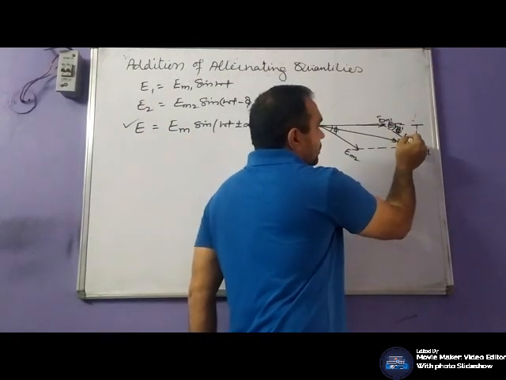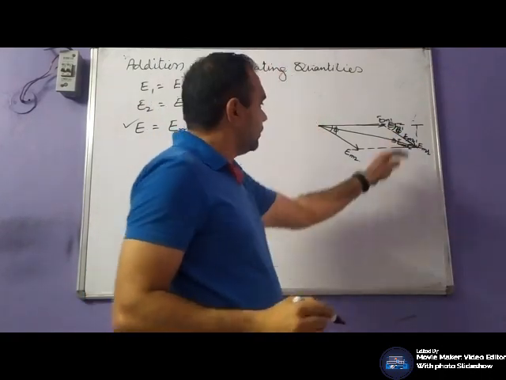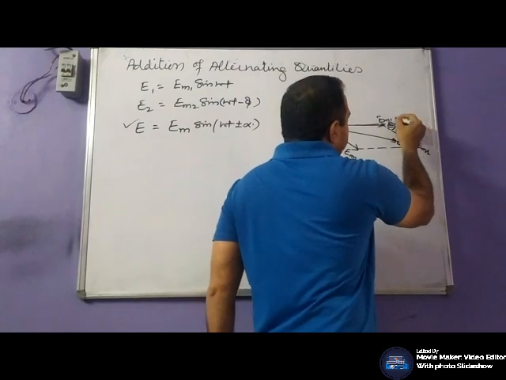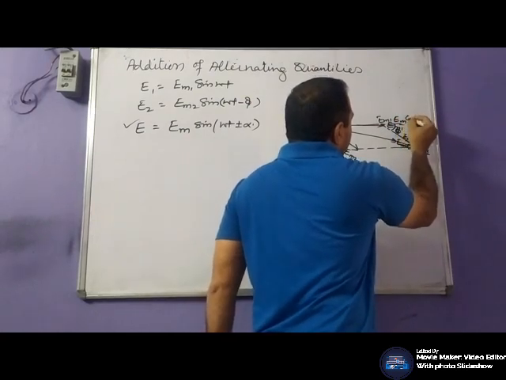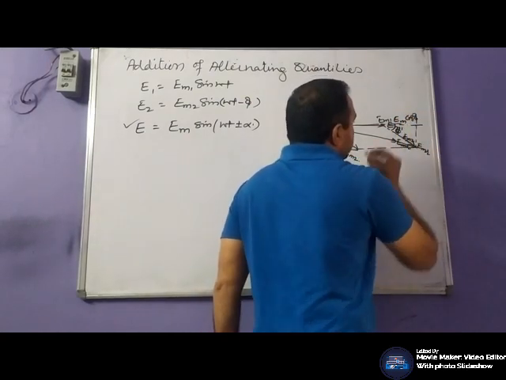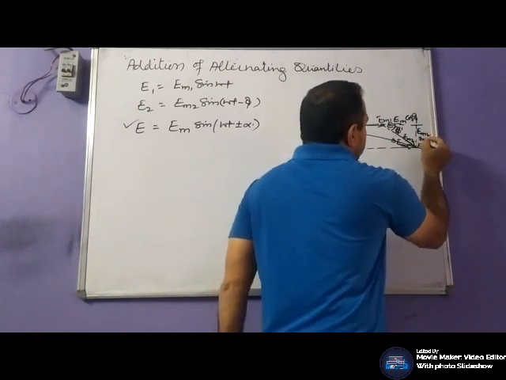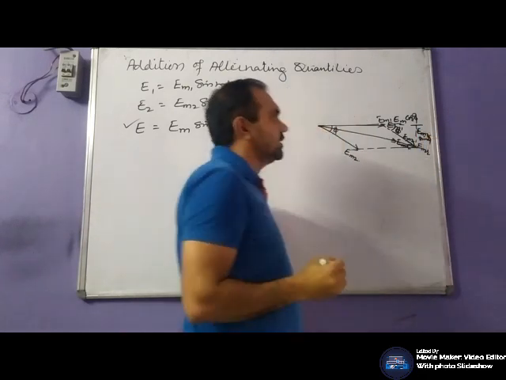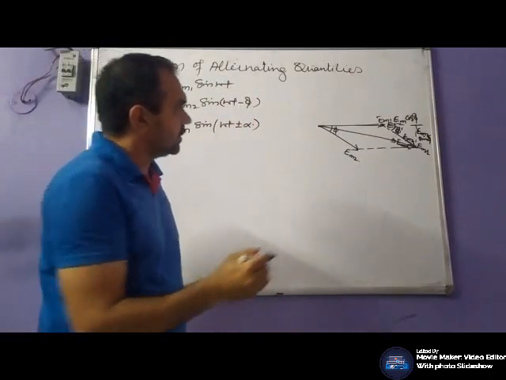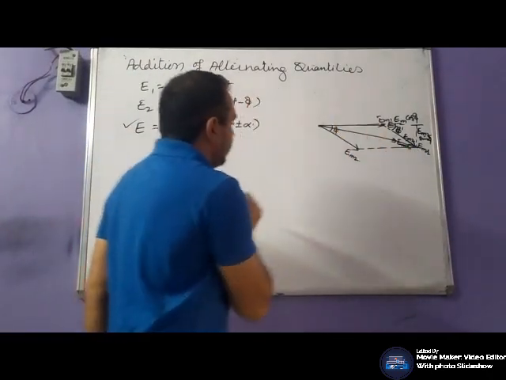So this can be resolved into two components. One is horizontal, and that would be EM2 cos of phi, and this is EM2 sin phi. Now, what is EMR?